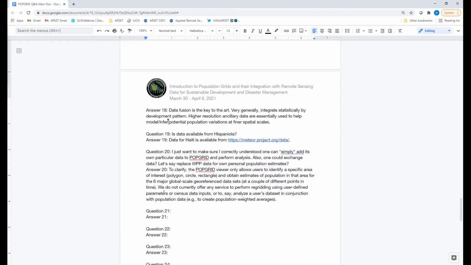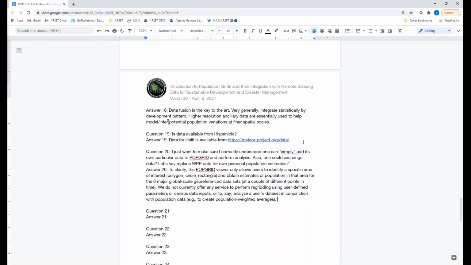If someone has their own census data and wants to grid it, they would at present need to put that in a GIS and apply an algorithm. Or, I think it was alluded to before, are there tools in R and other languages to do gridding? Those are available, but there's no online service to do that.